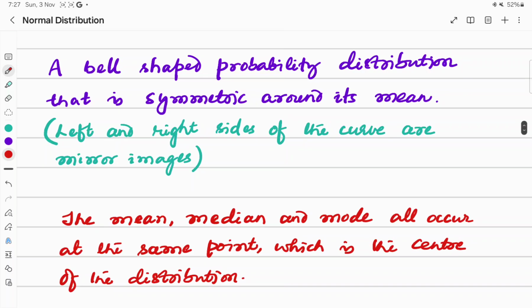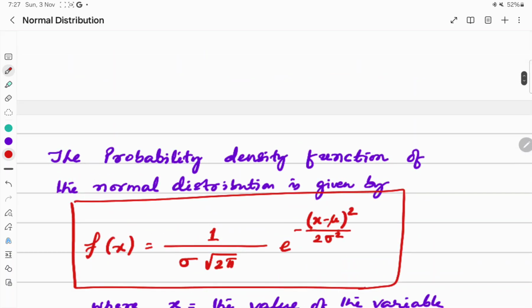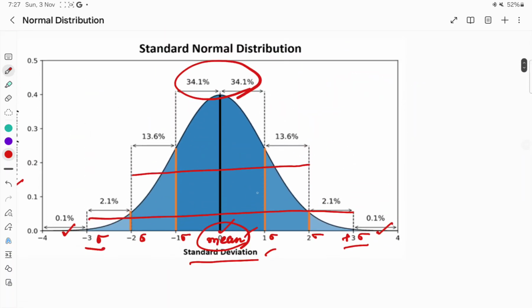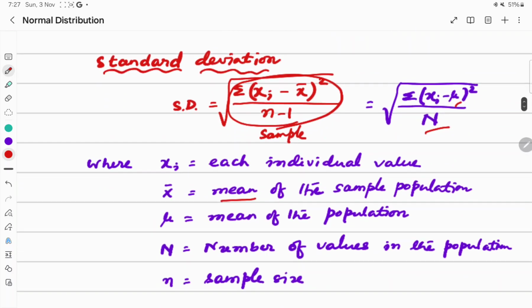So normal distribution is that in which we get a bell-shaped probability distribution that is symmetric around the mean. We call it symmetric because, suppose this is the left side and this is the right side, the right side is the mirror image of the left side, or the left side is the mirror image of the right side.